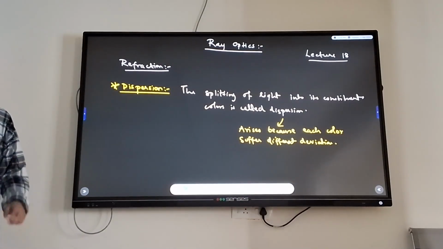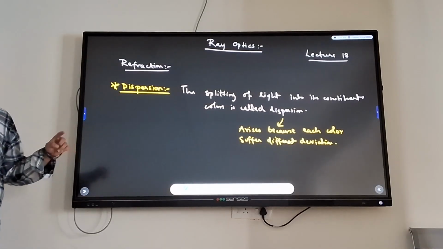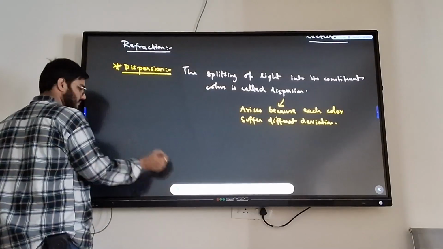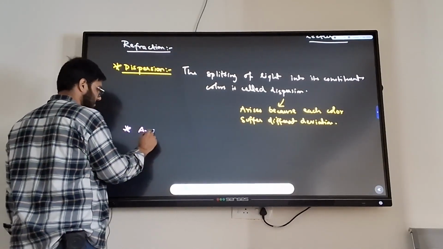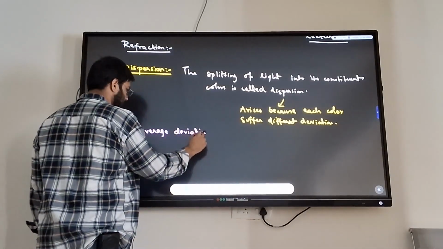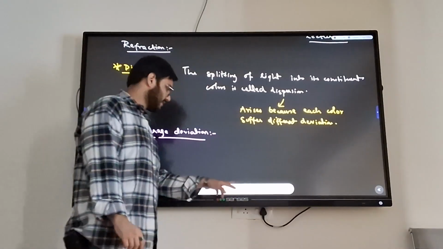Now, I will talk about 2-3 terminologies which are very important in dispersion. One of them is called the average deviation. Let me make a diagram and then let me talk.